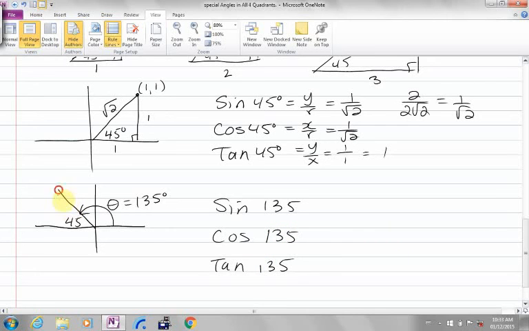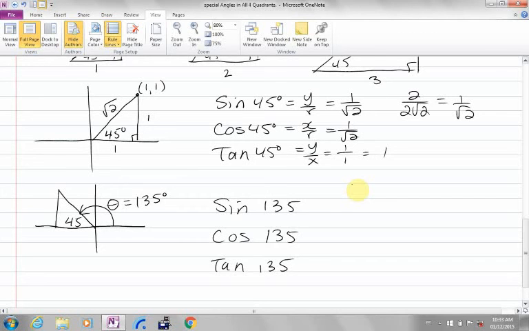Now, are those going to change from quadrant 1? It's going to be negative. Some of them are going to become negative. Which one? Cosine and tan. Yeah. So do you see how the ratio's not going to change in quadrant 2, but the signs will, right?